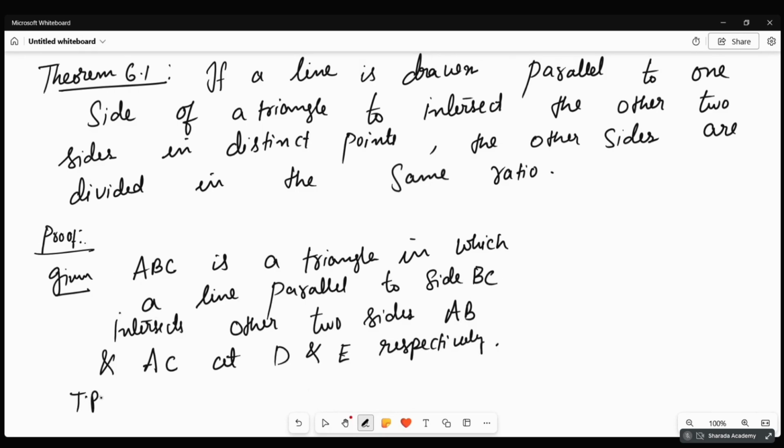So to prove that AD by BD is equal to AE by EC.